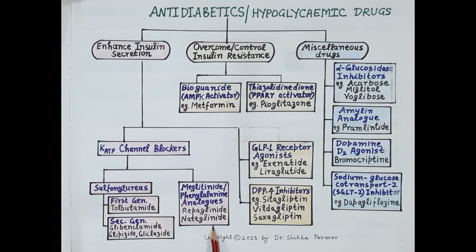Meglitinide analogs also block ATP sensitive potassium channels, but these drugs act on a site different than sulfonylureas. Now these drugs also increase insulin secretion. Now unlike sulfonylureas, these drugs have a short duration of action and the risk of hypoglycemia is lesser than sulfonylureas.